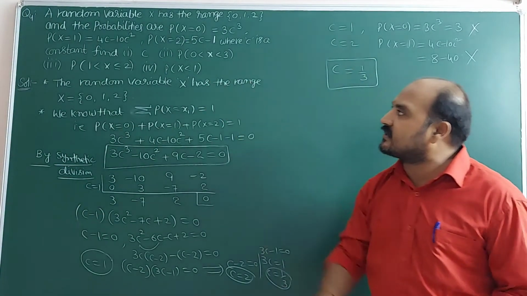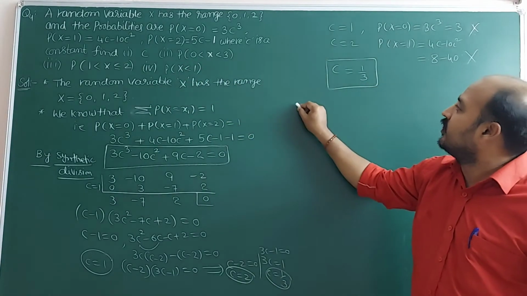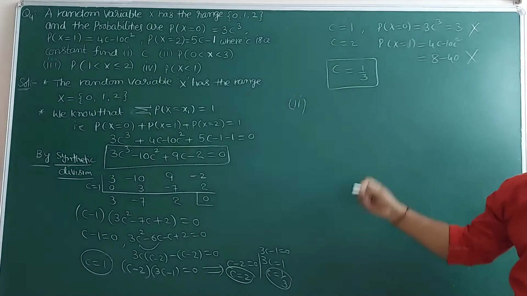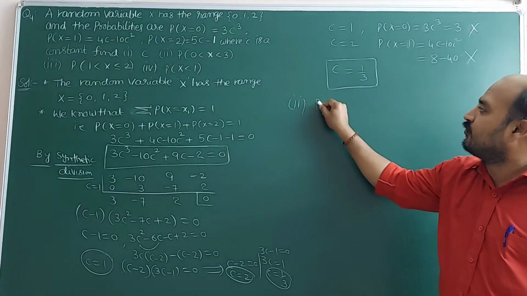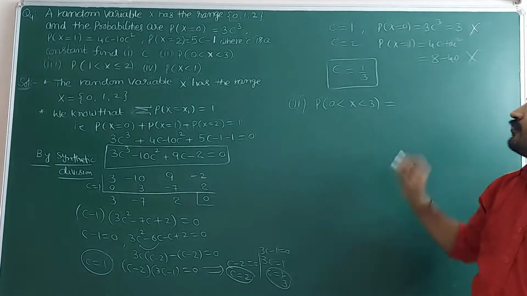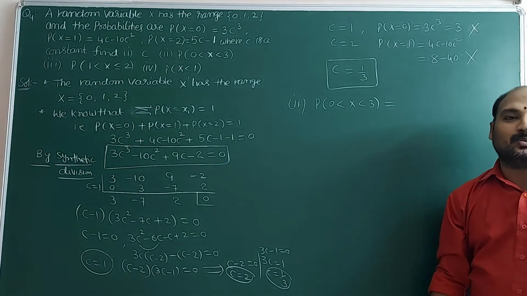After that, what they are asking to find: P of 0 is less than x is less than 3. So first question is over here. Come to the second, Roman letter 2. In this Roman letter 2, P of 0 is less than x is less than 3. So in between 0 and 3, what values are there? 1 and 2.